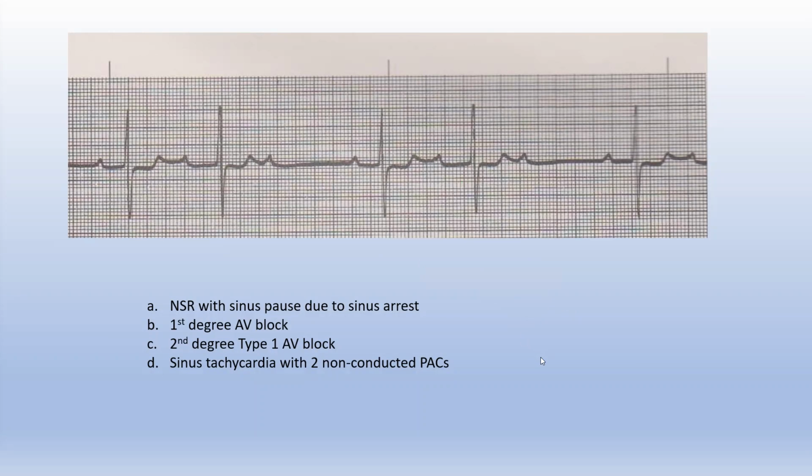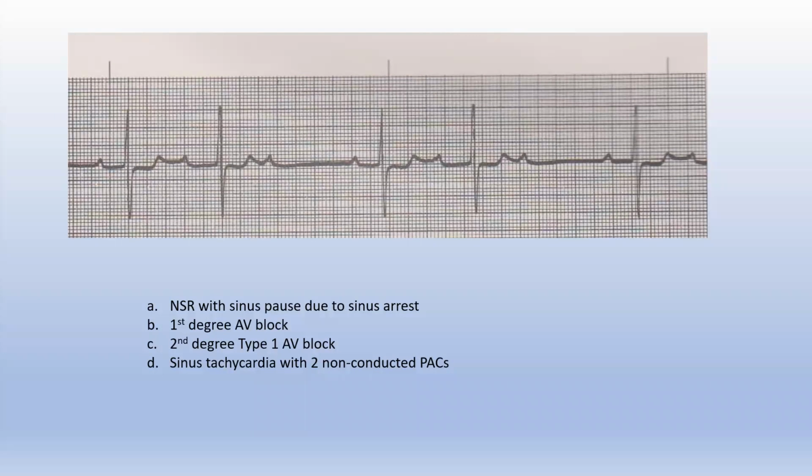So this is the characteristic of a second-degree AV block Mobitz 1, or a type 1 AV block, also known as AV Wenckebach. So how do we diagnose a second-degree AV block type 1? These are the characteristics of how you could identify an AV Wenckebach.